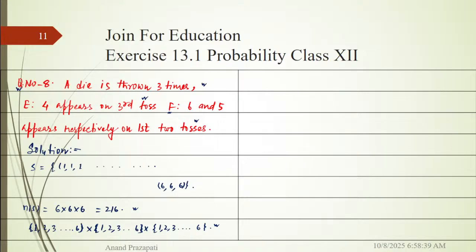Now we find out E, or the sample points of E. So the sample points of E are those where 4 appears on the third toss. It means we write down here 1 1 4, so 4 appears on the third toss. Similarly 1 2 4, 1 3 4, and so on, and at last we get 6 6 4.